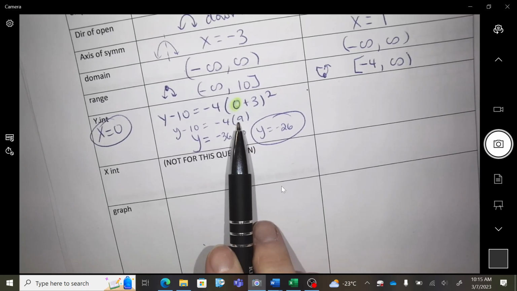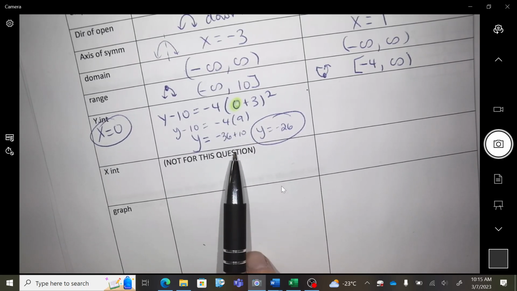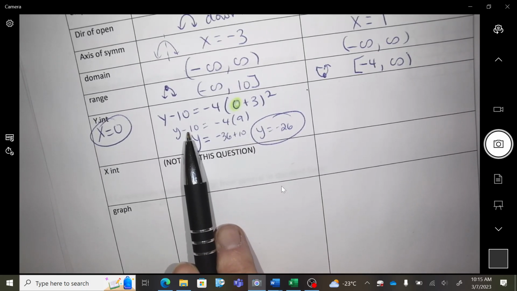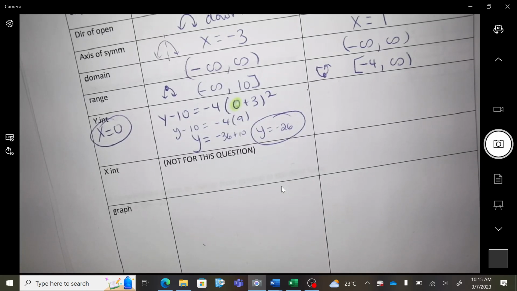Okay, so I did brackets squared, which was 9, times -4, and then I have to still move that 10 part over, right? Because you have to get y. You have to get y all alone.